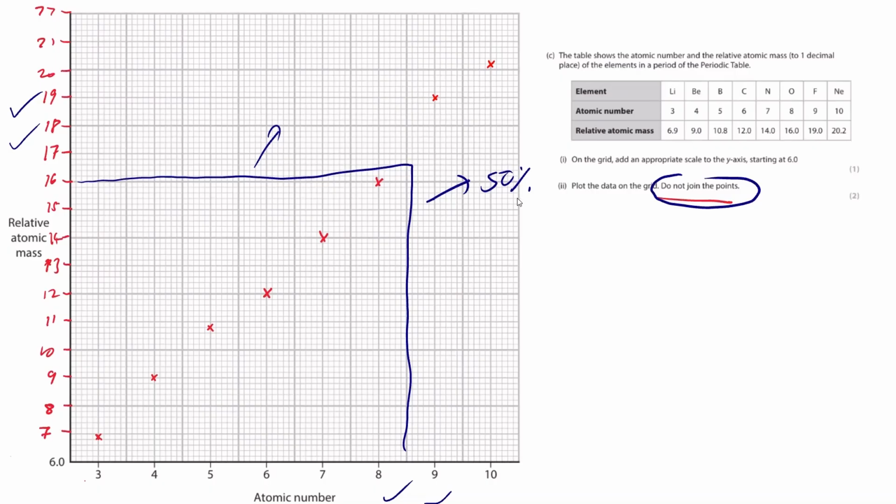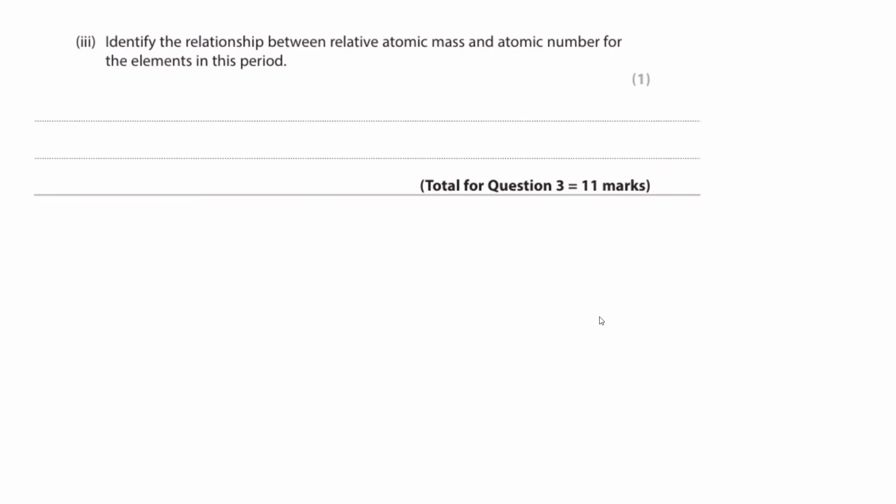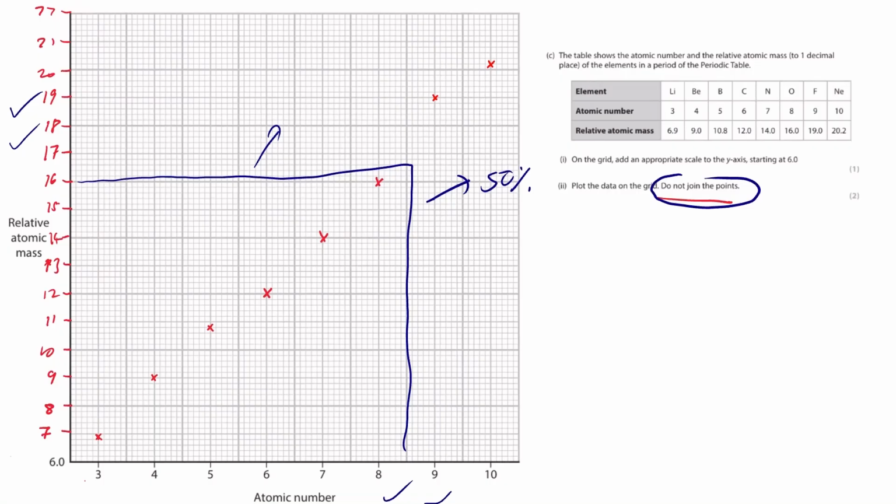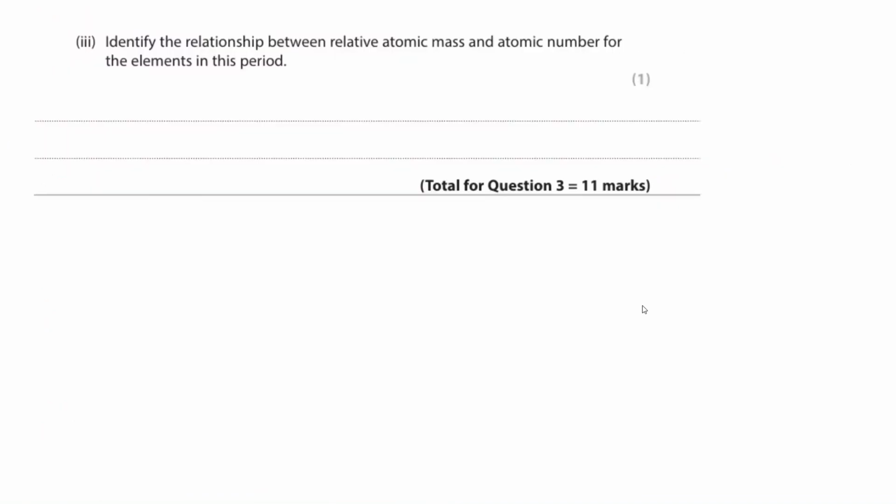But here you can't. However, you can see one thing: when the atomic number increases, the relative atomic mass also increases. You can write it simply like that.